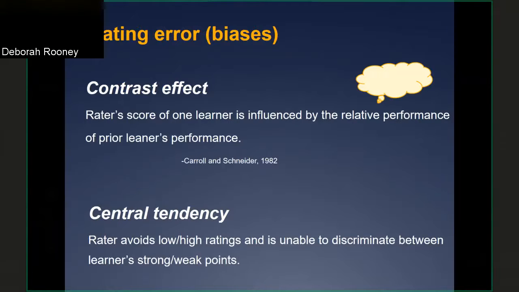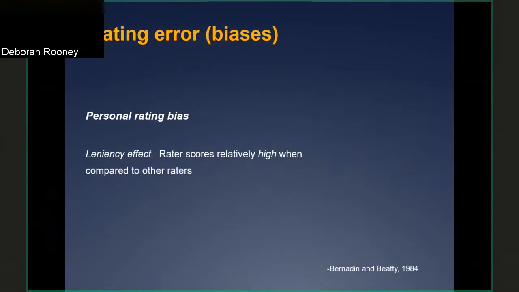In central tendency, the rater avoids extreme ratings, and for whatever reason, generally out of insecurity because they're new raters and they don't want to stray too far from other raters' ratings, they tend to rate middle of the pack. Every learner's each item is middle of the pack, and therefore they are unable to discriminate between the learner's strong and weak points. That also needs to be addressed.